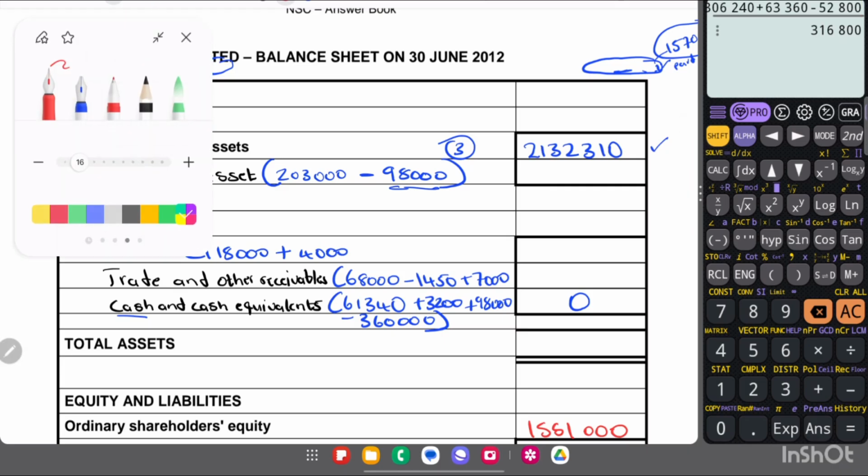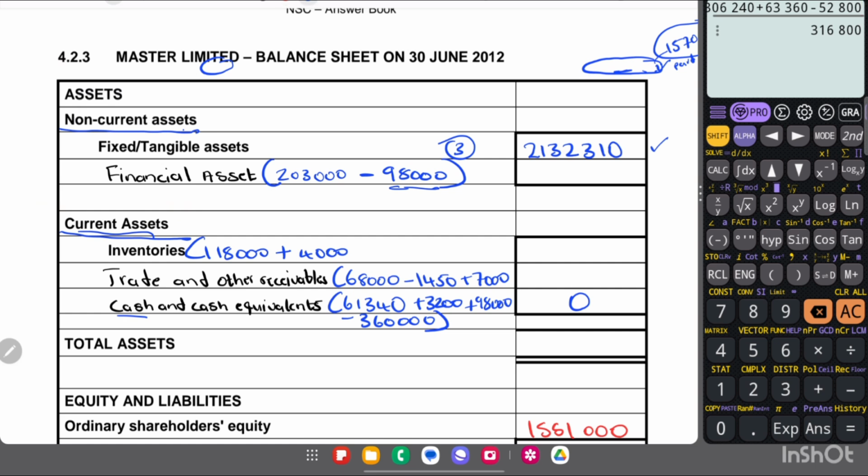Then this one is gonna be 203 minus 98. 203 minus 98 is gonna be 105,000, and then when you add 105,000 plus 2132 310, you are going to get 2, 3, 7, 3, 10.